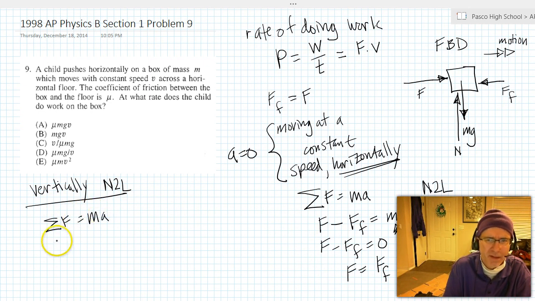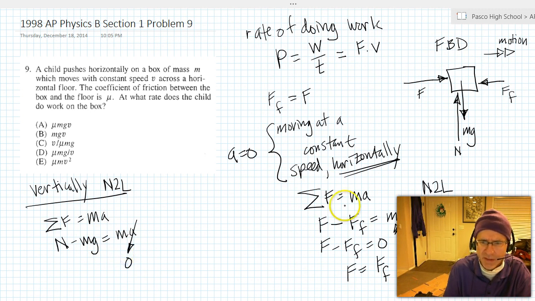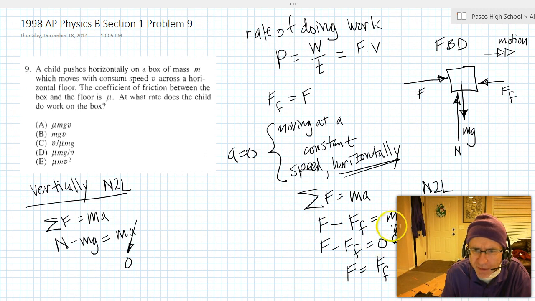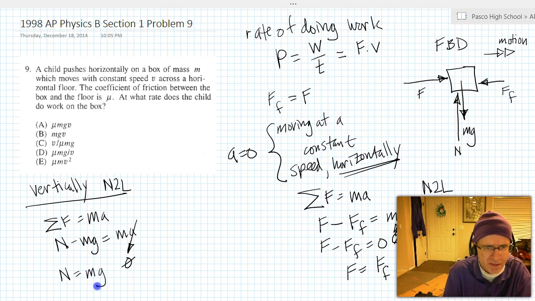So I get N minus mg equals mass times acceleration. But again, acceleration is 0. I meant to say acceleration was 0 here, not that that equals 0. So that means the normal force equals mg. That must mean that the force of friction equals mu mg.